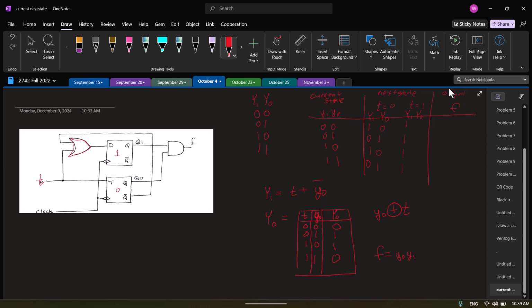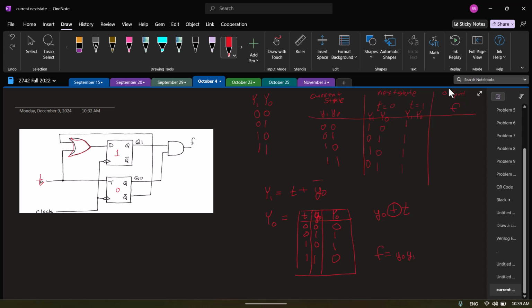y0, it's the exclusive OR of t and y0. So t is 1. So if t is 1, in order for this to be 1, y0 needs to be 0, because 1 exclusive OR 0 is 1. 1 exclusive OR 1 is 0.